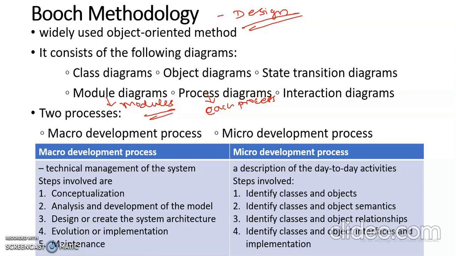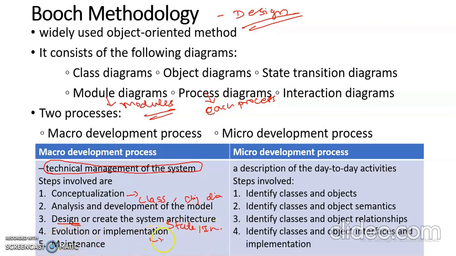It is categorized into two processes: macro development process and micro development process. The macro development process deals with the technical management of the entire system. The steps are conceptualization, then requirement analysis, and then analysis and development of the model. The second step includes class and object diagrams, and the third step includes the remaining diagrams, state chart diagram as well as interaction diagram.